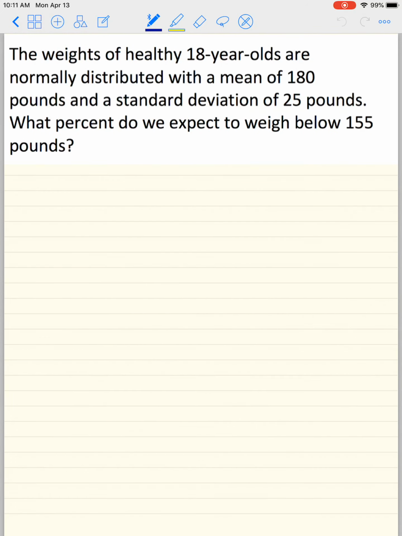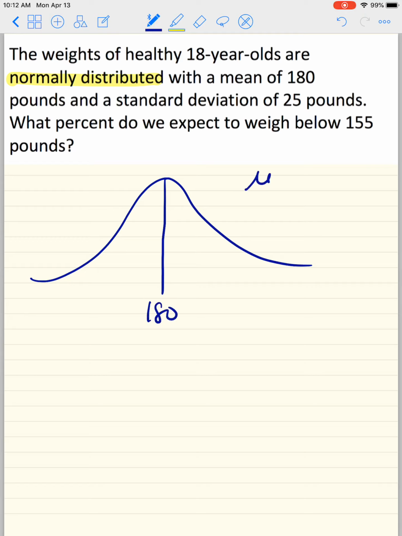Next, the weight of healthy 18-year-olds are normally distributed with a mean of 180 pounds. It says normally distributed, so I need to make this bell-shaped curve. And it's 180 pounds, so mu is 180, and a standard deviation of 25 pounds. So I'm going to add it, take it away, add it, take it away, add it, take it away.